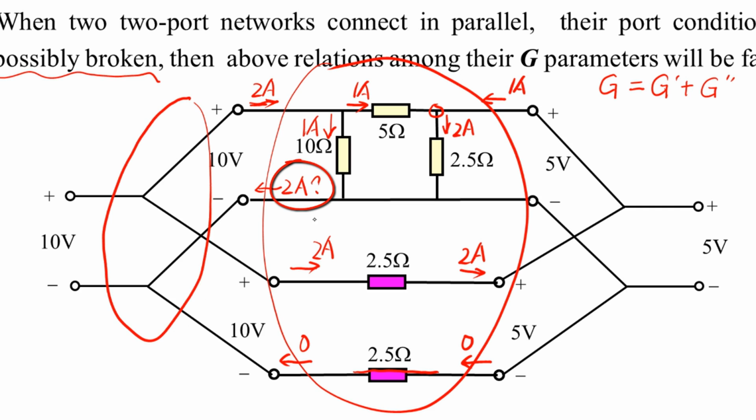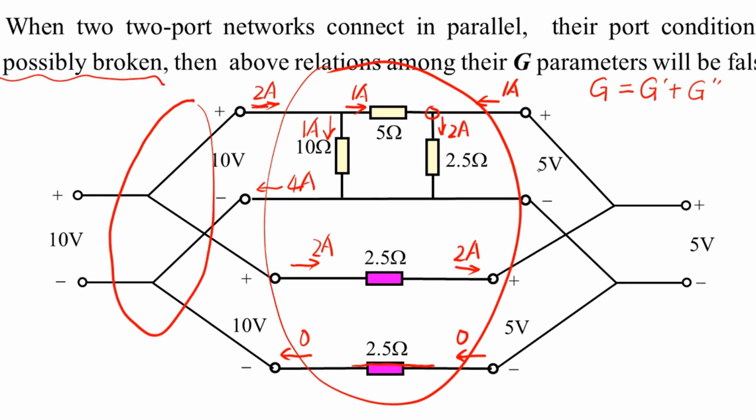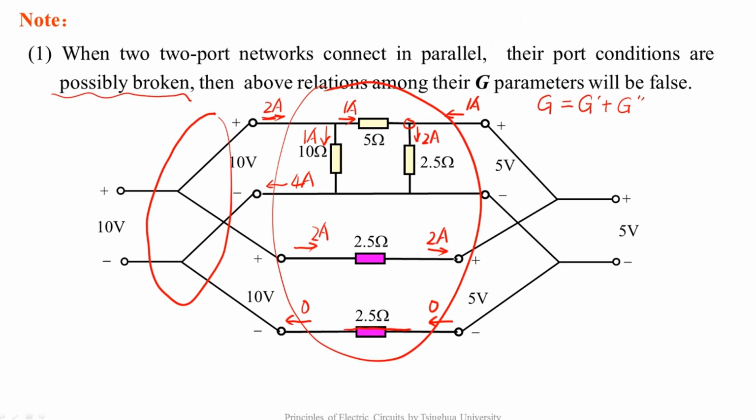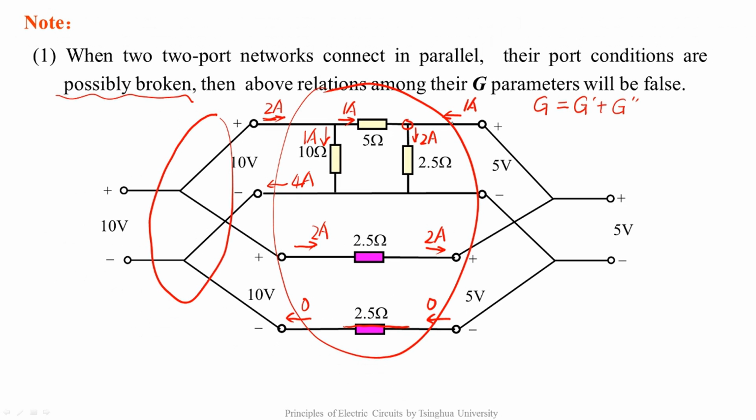So the current through this branch is 4 amperes, not 2 amperes any longer. Similarly, since the current here is 0, the current flowing out of here is 2 amperes, and the current flowing into here is 1 ampere. So the current flowing out here is minus 1 ampere, not 1 ampere any longer.